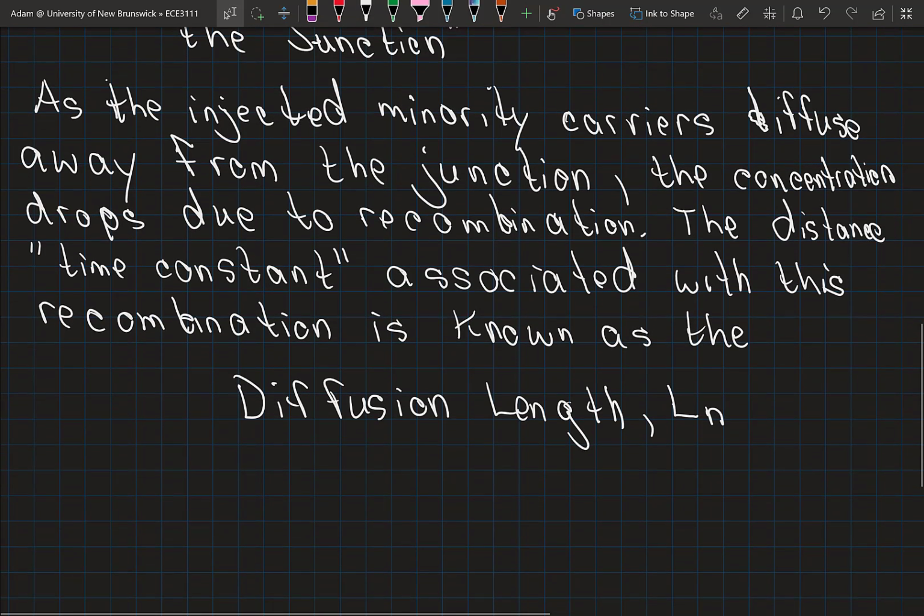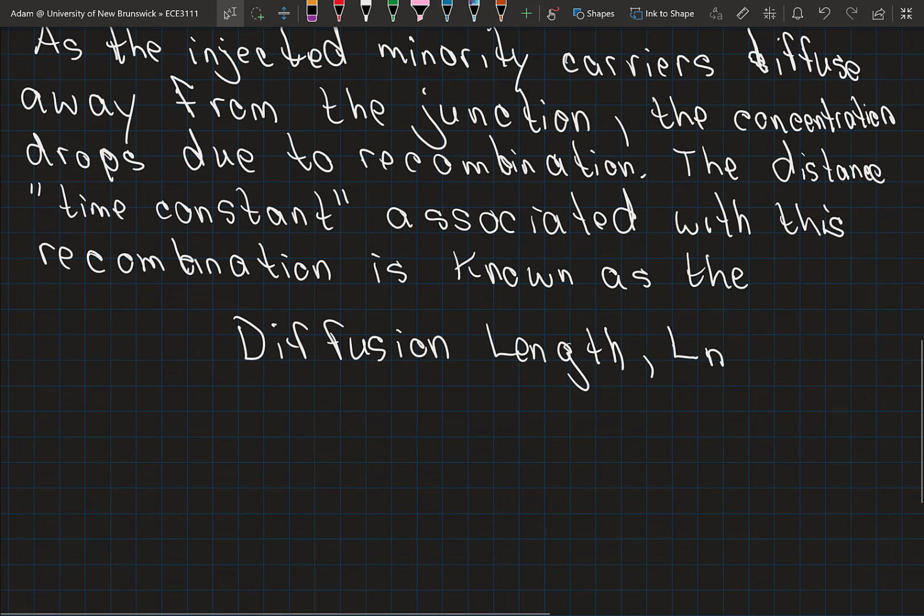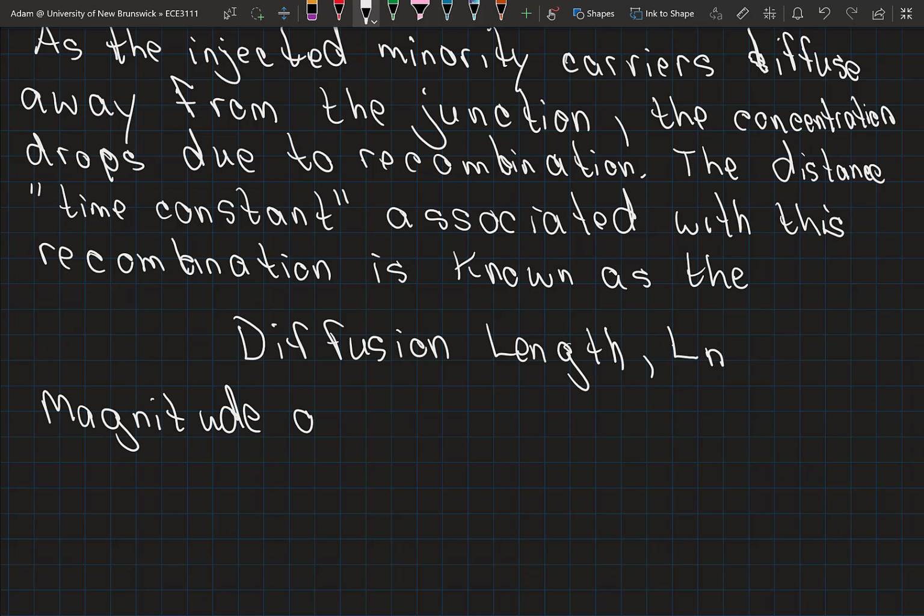Okay, so let's revisit the diffusion current again, and use this on our path to figuring out what the terminal current is.